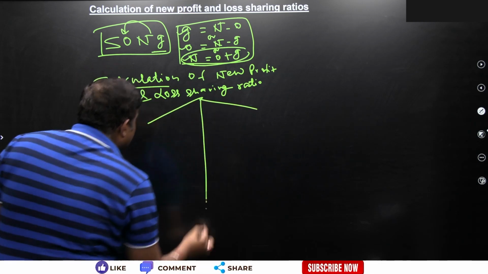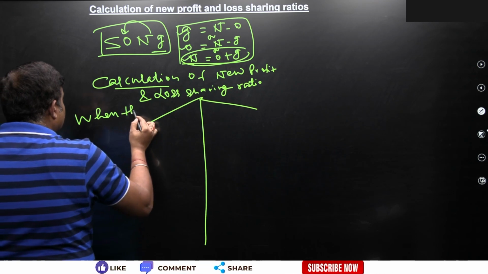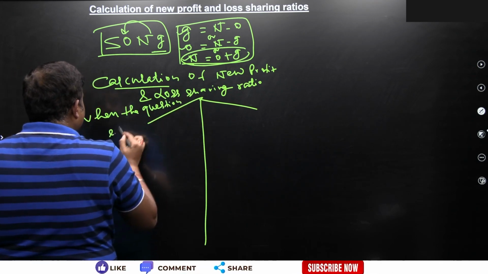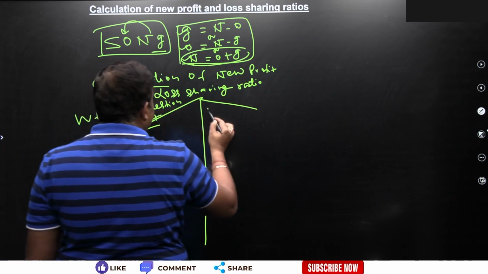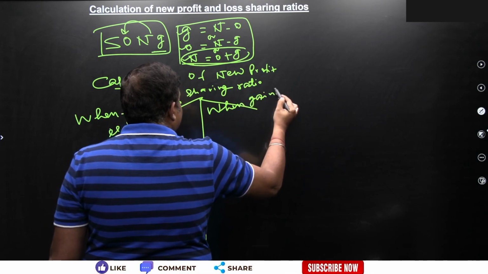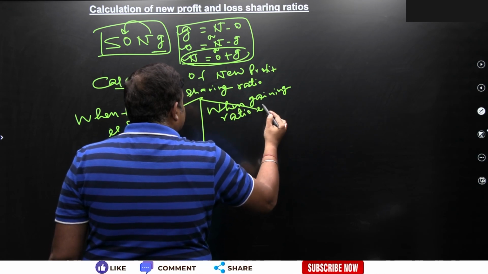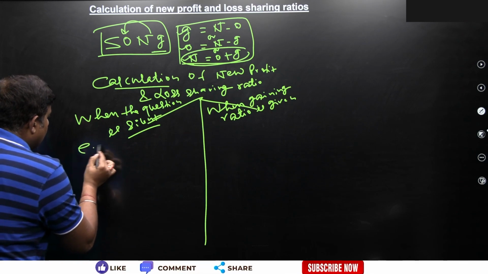First condition is when the question is silent. Second is when the gaining ratio is given. I'll just take an example on this part.